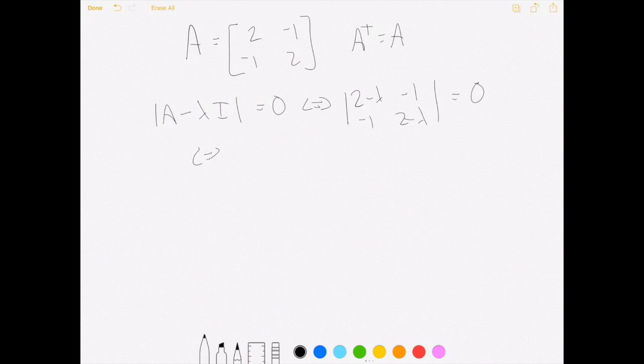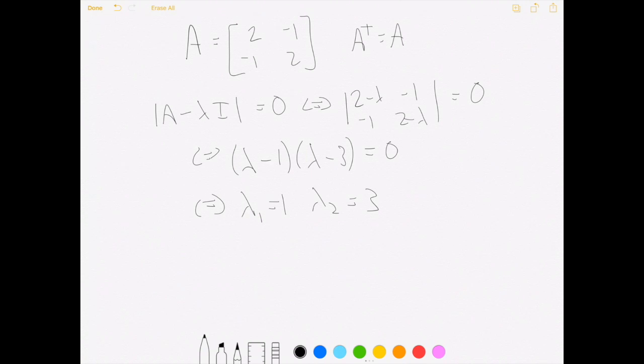And after a little bit of rearranging, we get (lambda minus 1)(lambda minus 3) equals 0. So our eigenvalues must be lambda 1 equals 1, lambda 2 equals 3.